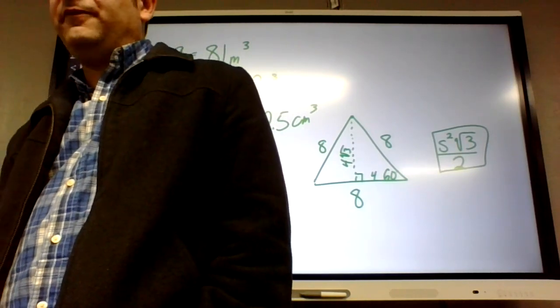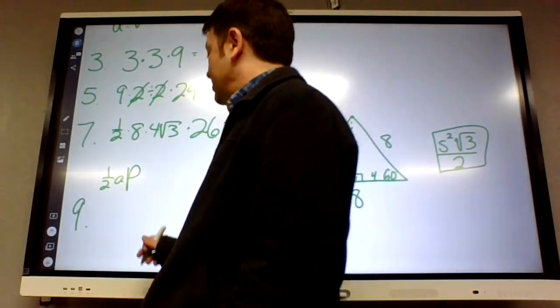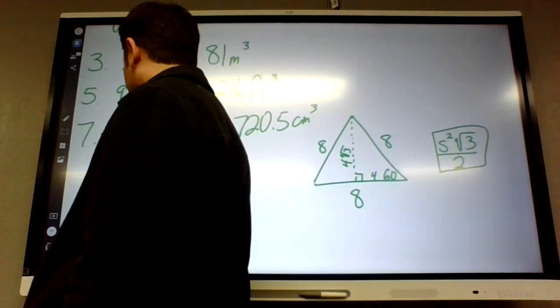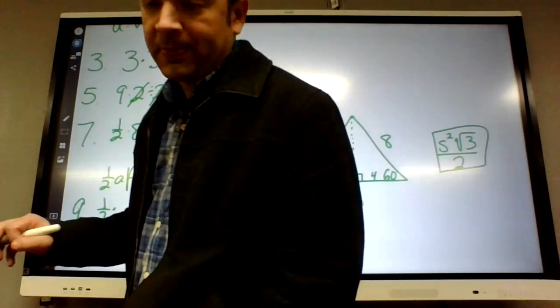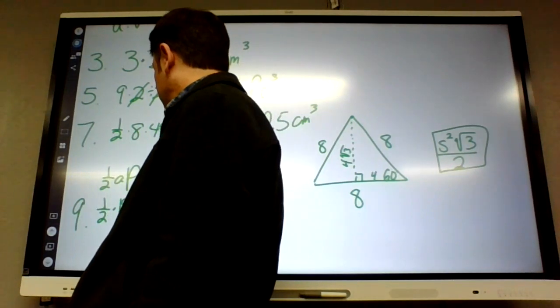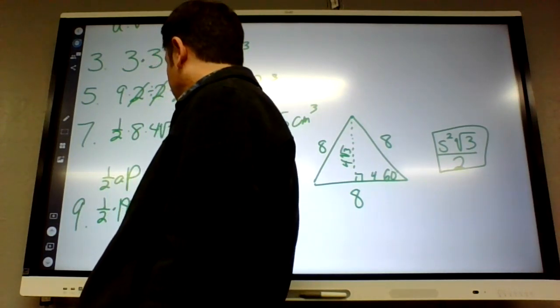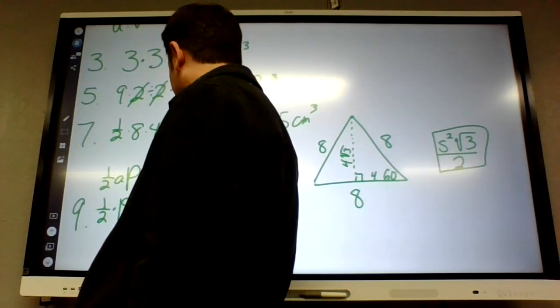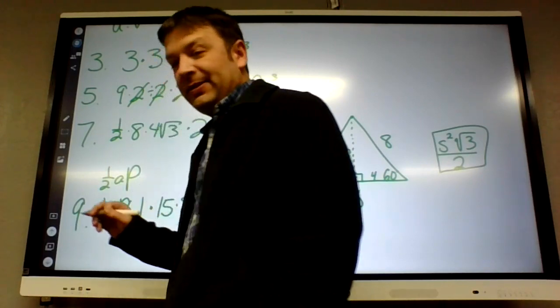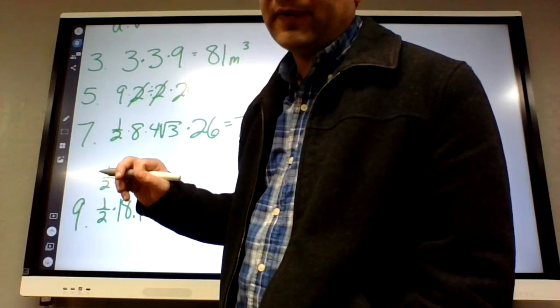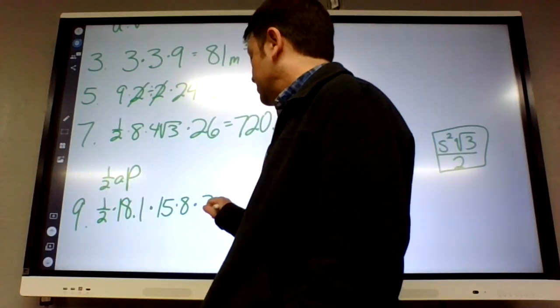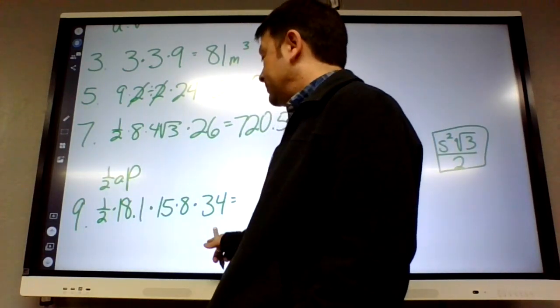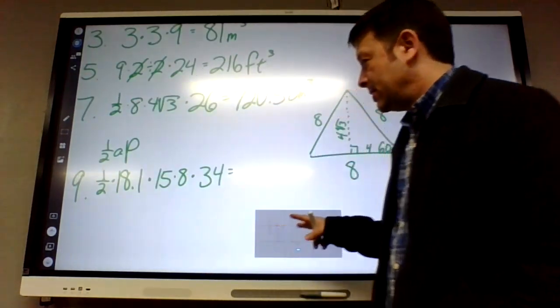It's an octagon. 15 times 8 gives us the perimeter of the base. So we have 1/2 times apothem 18.1 times whatever 15 times 8 is, which is 120, times the height of the prism, which is 34. Just plug all that in.